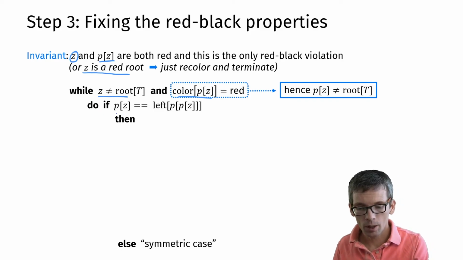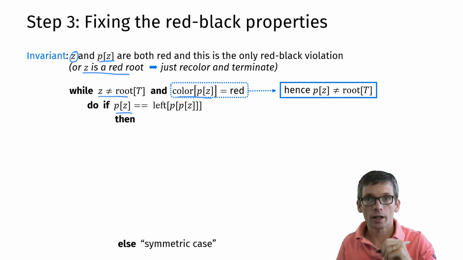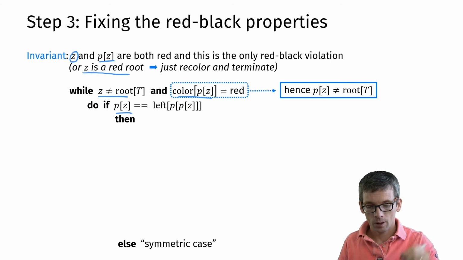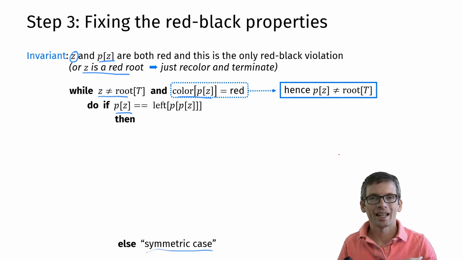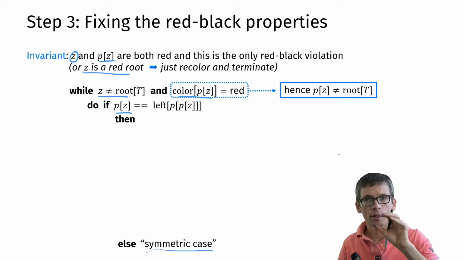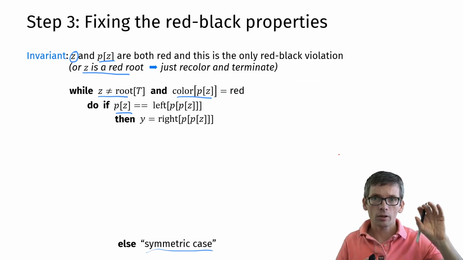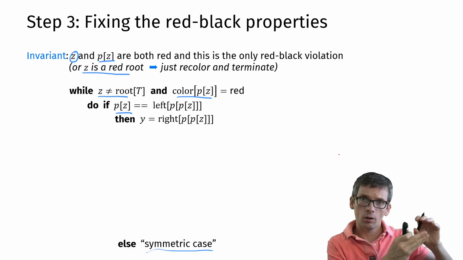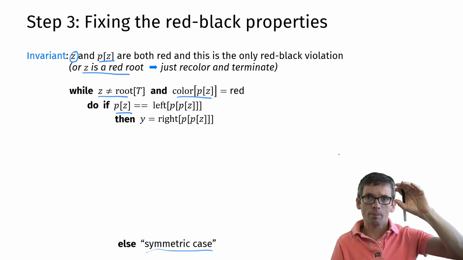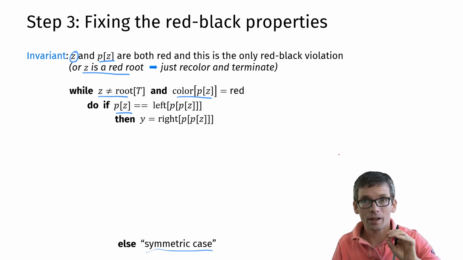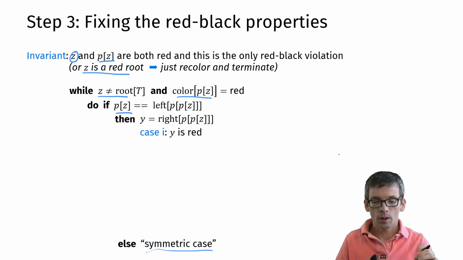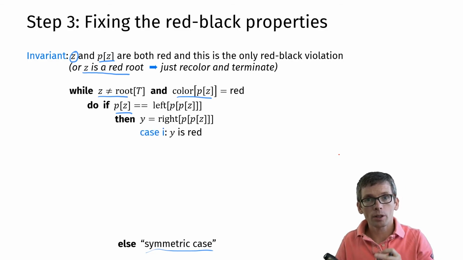So let's assume the parent is a left child of its parent, and the other case will be symmetric. Now the grandparent is black. Let's also look at the other child of the grandparent of Z. Let's call that Y, and let's assume that is also red.